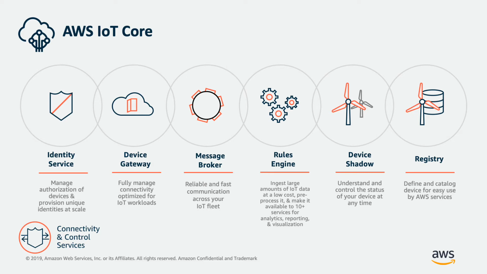The rules engine utilizes a SQL-based syntax that selects data from message payloads and triggers actions based on the characteristics of the IoT data. There's the device shadow that enables applications to interact with devices even when they're offline by maintaining what we call a virtual representation, or shadow, of the device.